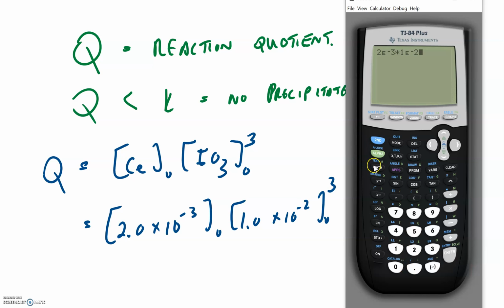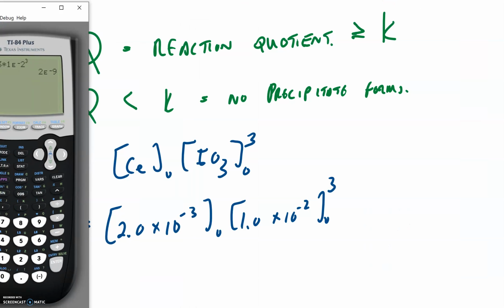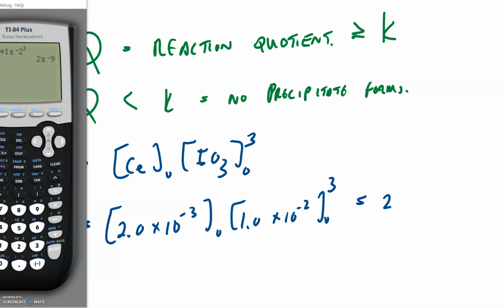All right, and we're going to cube this whole thing. So let's take 3. Let's see what we get. Oh, aren't these calculators just fantastic? We get 2 times 10 to the negative 9th.